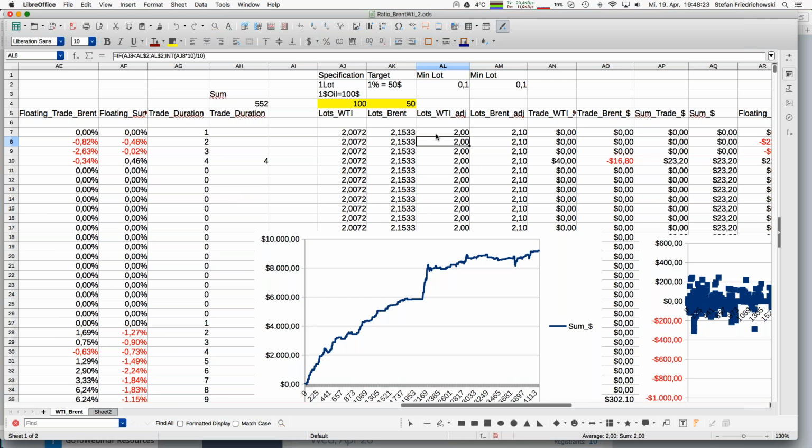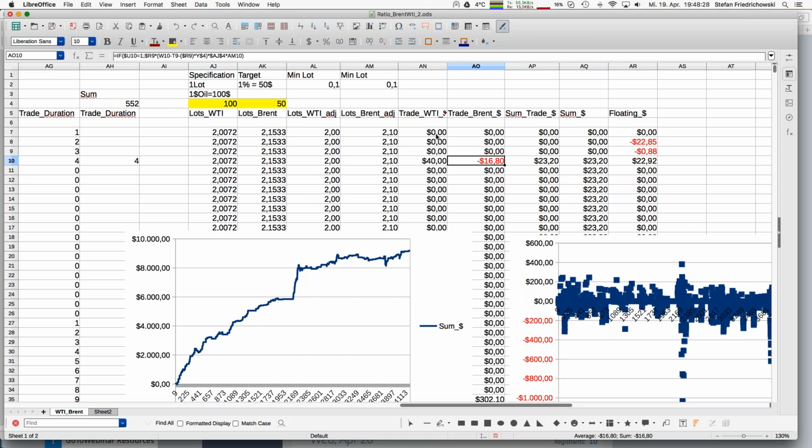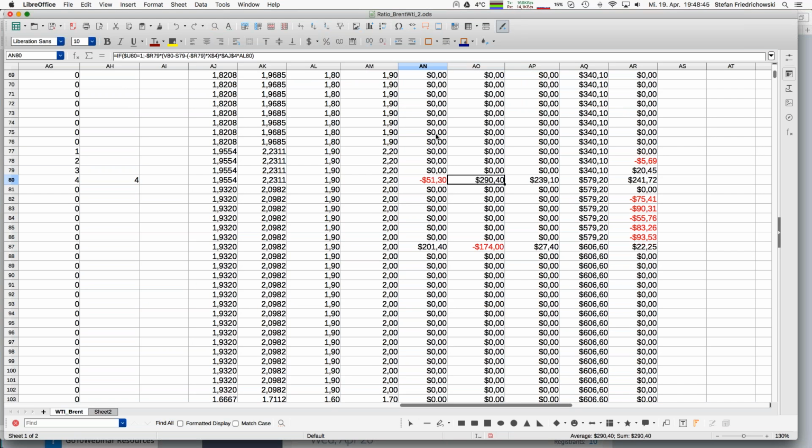And what's typical here is those results which you can see already in the Excel sheet. Whenever we close a trade, there might be one trade ending with a plus 40 and the other one with a minus 16. That is quite typical. If I go a little bit down here, for example, in this case we have one trade, the WTI trade, which finally ends with a minus of 51 euro, and the other one with plus 290. That's really typical because that's the overall market movement.